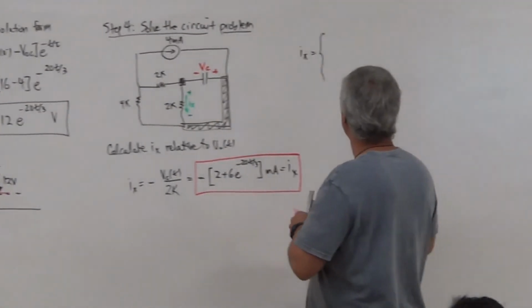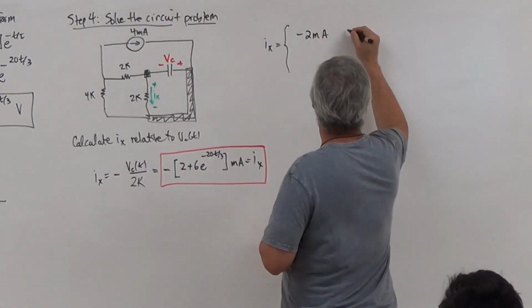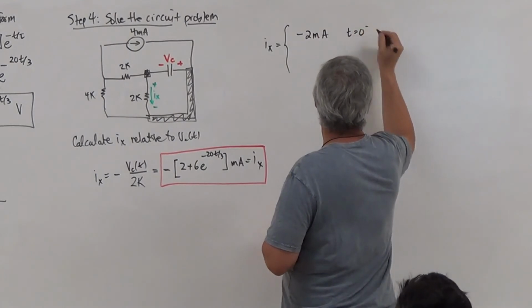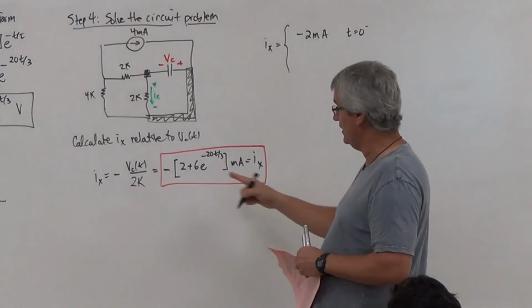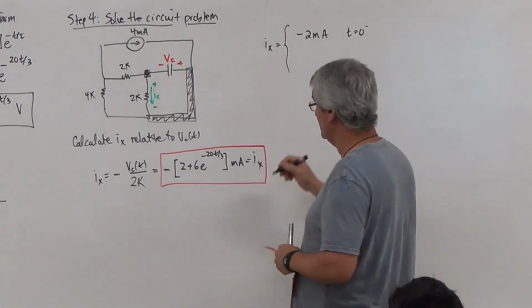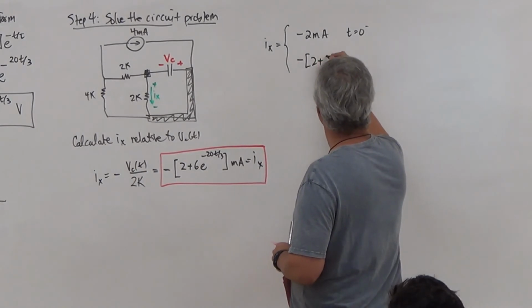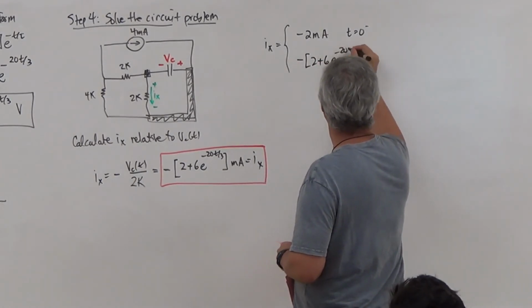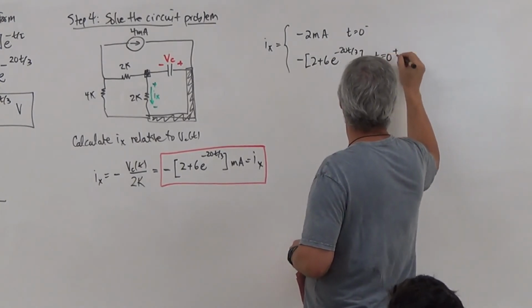So that means here that this is minus 2 milliamps when T is at 0 minus. After the switch is thrown, it jumps to this guy right here. So when you look at this guy here, it's going to go minus 2 plus 6 e to the minus 20t over 3 at t equal to 0 plus.